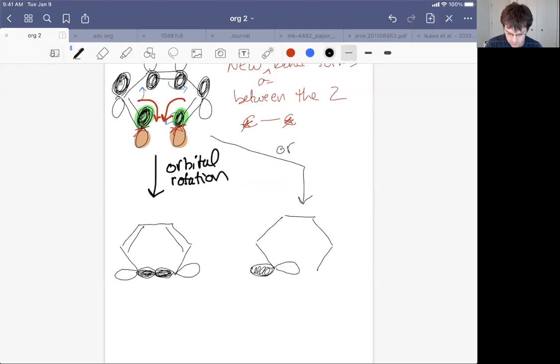So we could have in-phase overlap of the two dark phases or in-phase overlap of the two light phases. Okay. Now, what's interesting about this is that each of these results in a different enantiomer.